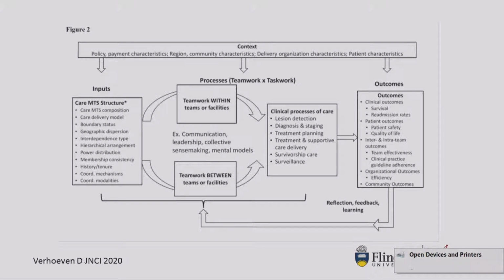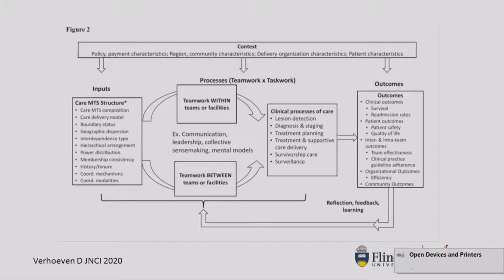So policies, the payment structures, the community expectations, patients' characteristics, etc. And some inputs. The teams that you're working with, that focus, in this case, on management of lung cancer, will have certain composition, certain expectations of how they deliver the care, certain boundary expectations, for example, boundaries between acute service versus primary care service, certain cultural arrangements, power distribution, etc.